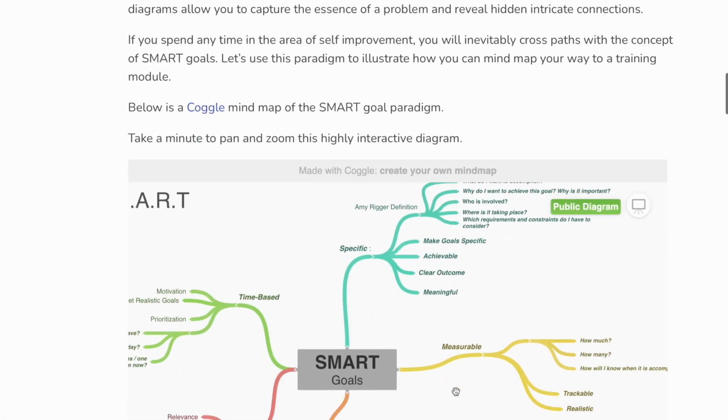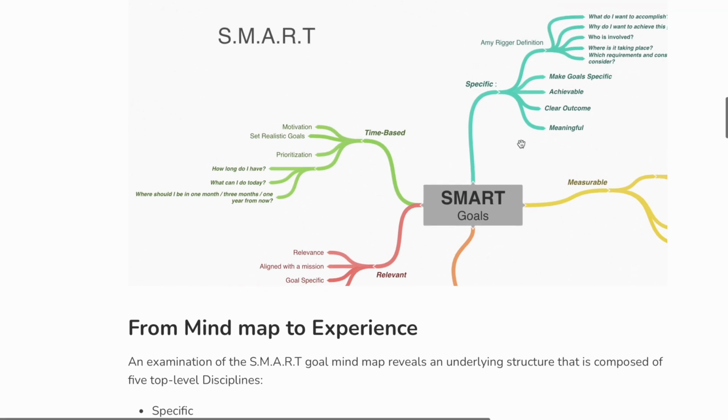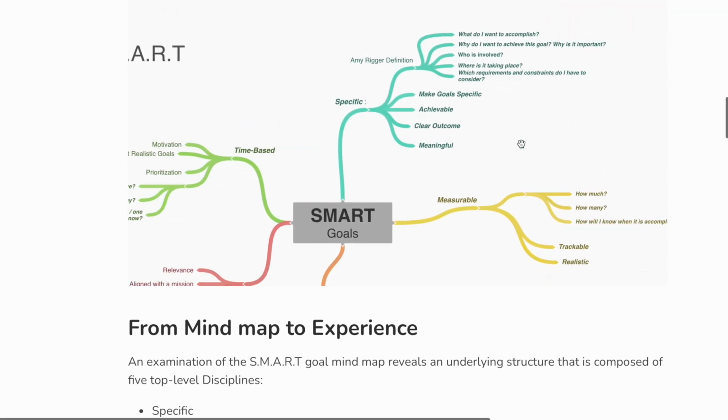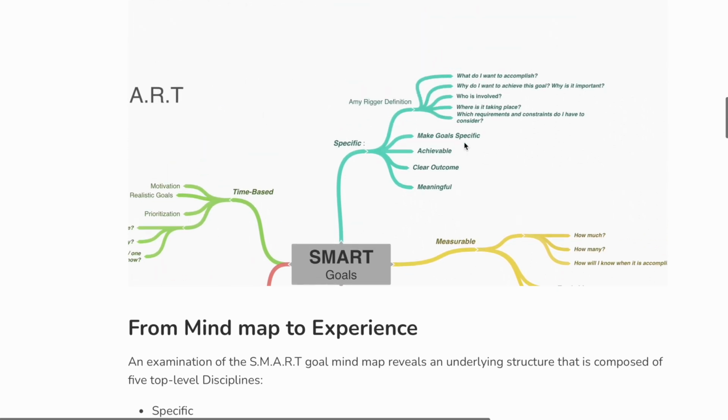If we take a look at a mind map representing these SMART goals, we'll see that we have a number of high-level disciplines: specific, measurable, attainable, relevant, and time-based. If we drill into the specific discipline, we'll see that we have a number of principles. Is this SMART goal something that I want to accomplish?